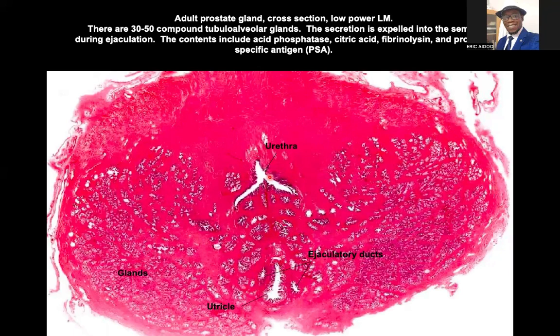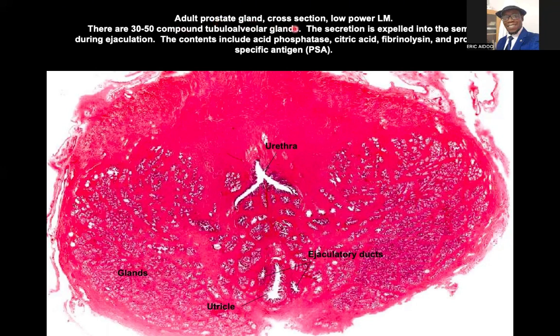So that is the prostatic urethra. You expect that the mucosal region will be around that. Then you have the submucosa, and then you have the main or peripheral zone.